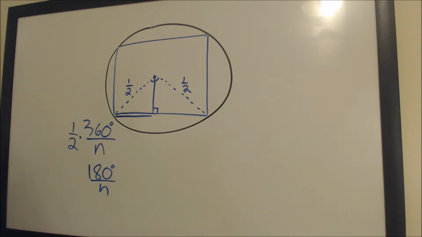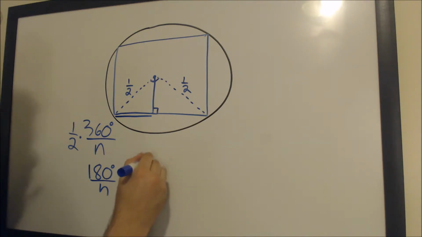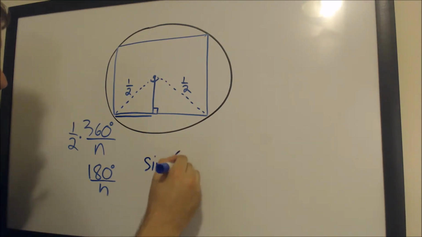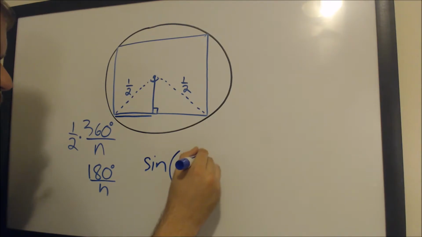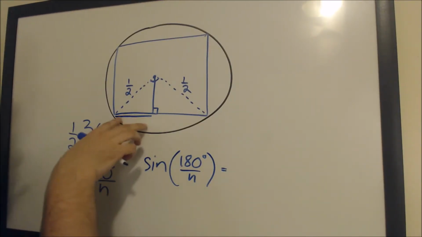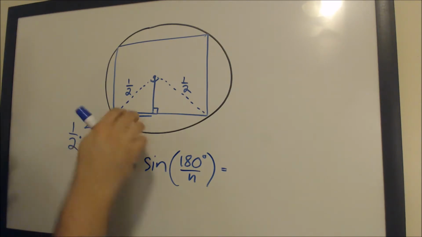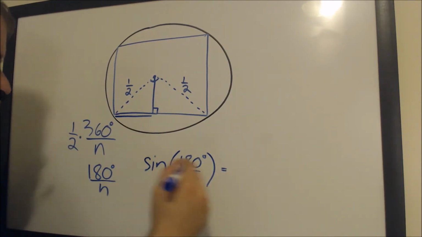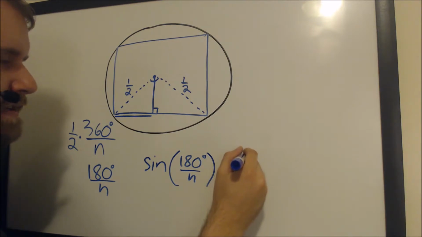So what this means is that the sine of 180 degrees divided by n is equal to my unknown side. So let's say that's the side length.